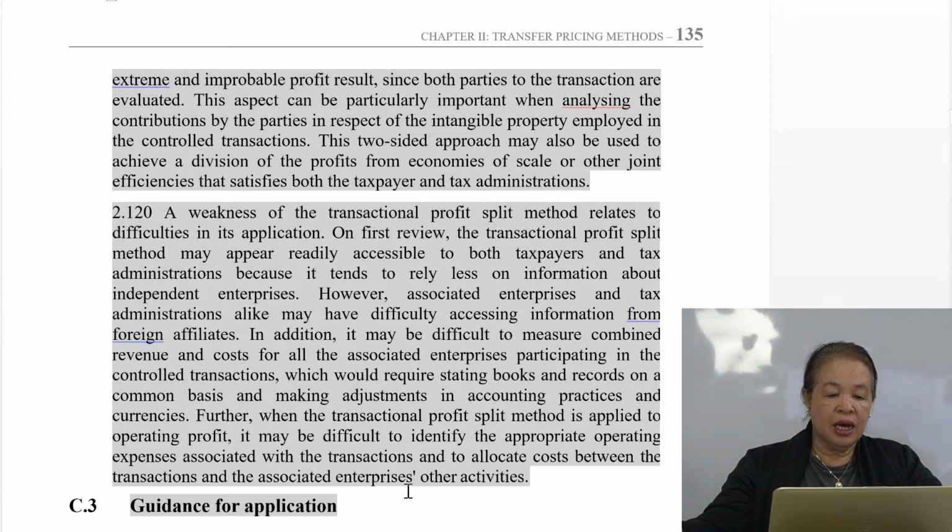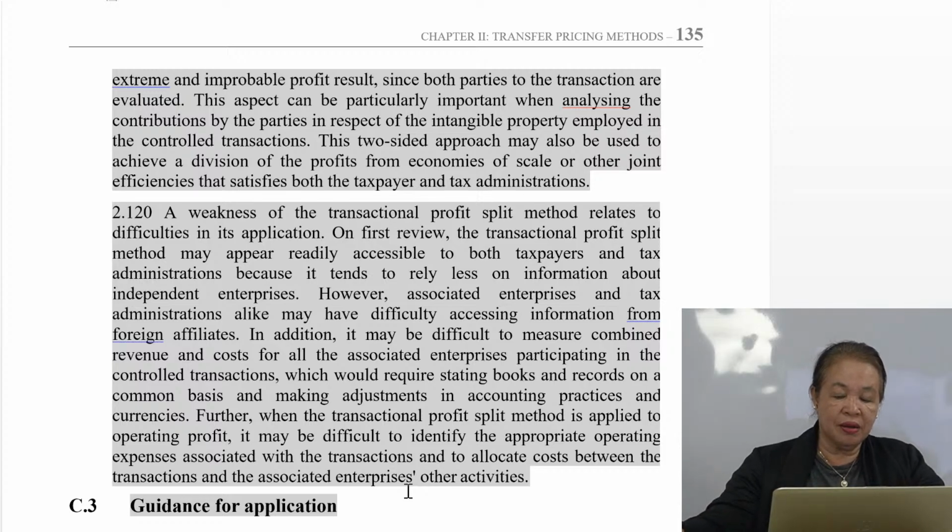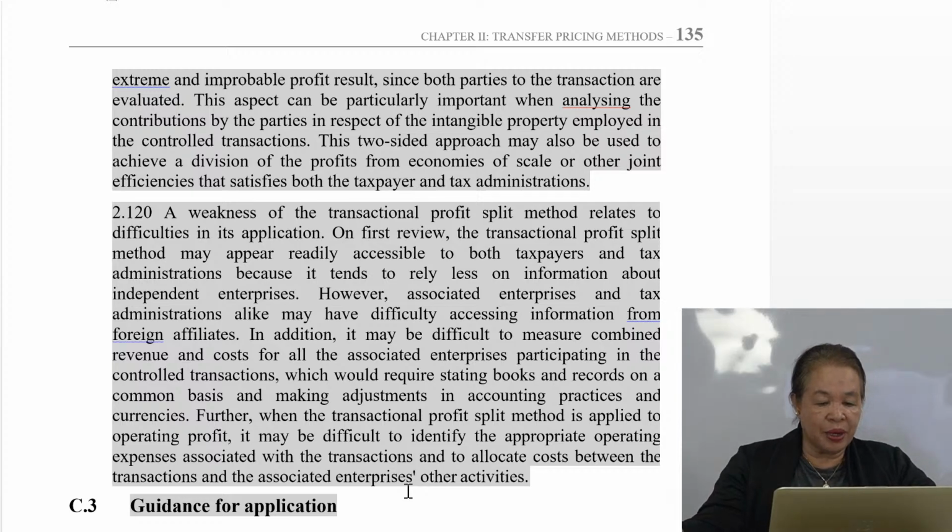However, associated enterprises and tax administrations alike may have difficulty assessing information from foreign affiliates. In addition, it may be difficult to measure combined revenue and cost for all the associated enterprises participating in the controlled transaction, which would require stating books and records on a common basis and making adjustments in accounting practices and currencies, no? So that's the difficulties in combining the profits.